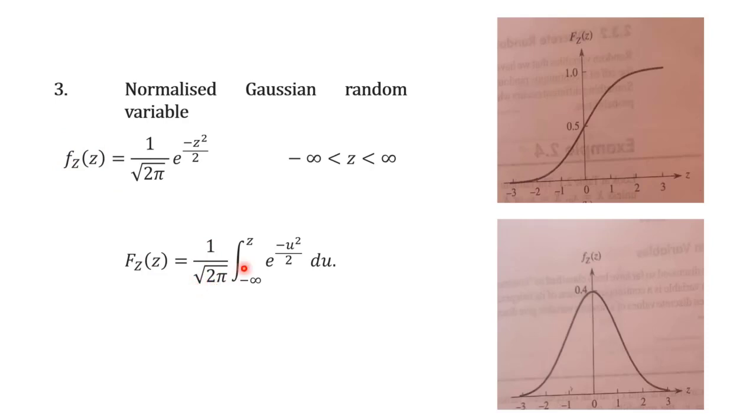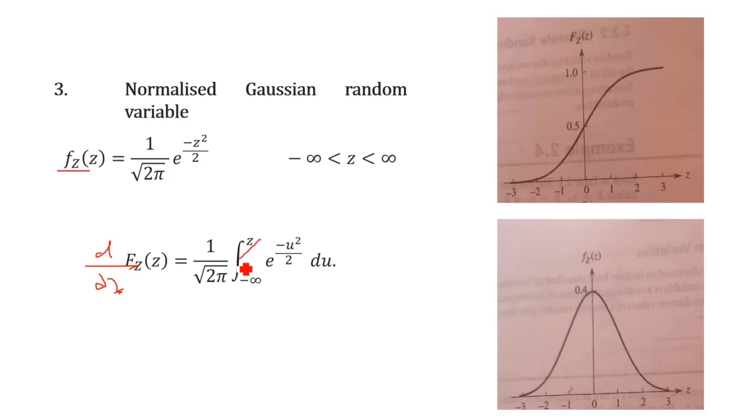The CDF is 1 by square root of 2 pi, integration over minus infinity to z, e to the power of minus u square by 2, du. Then if it is differentiated, definitely we will get the PDF equation. If differentiation is applied here, what will happen? d by dz of F of z is f of z.